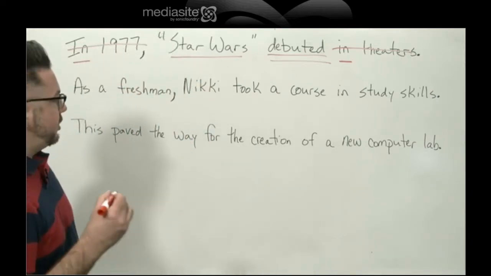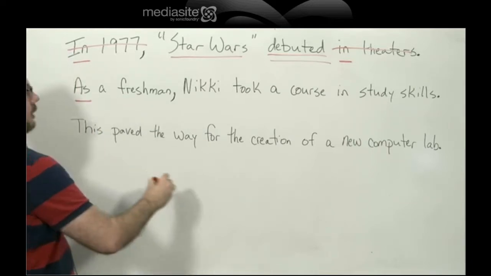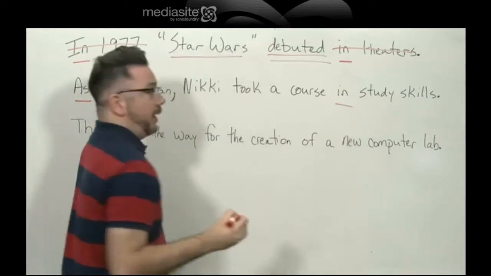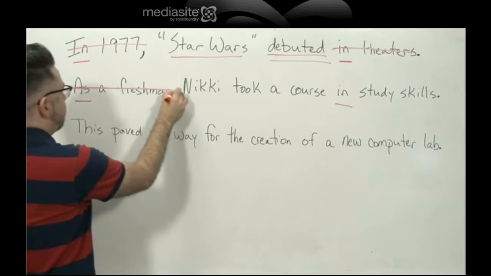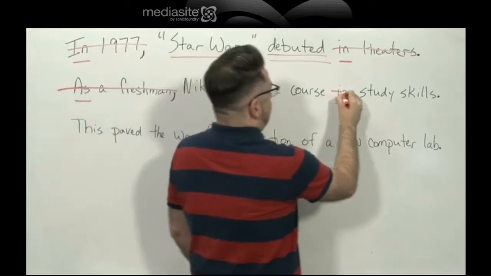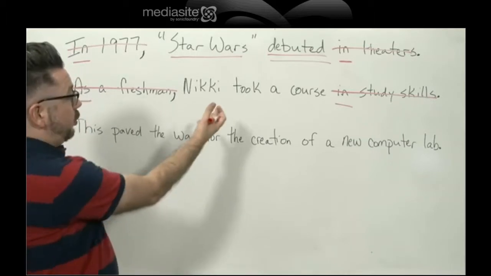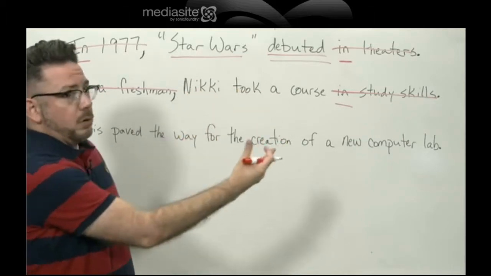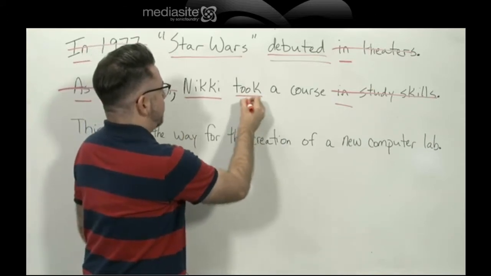Okay, so I see 2 prepositions again in this one. I see as and in. So I have 2 prepositional phrases that I need to cross out and get rid of. As a freshman and in study skills, which means that I'm left with Nikki took a course. So my subject is Nikki and the verb is took.